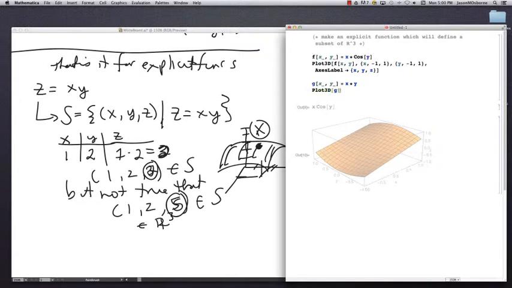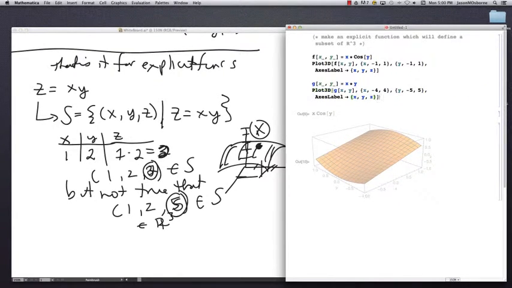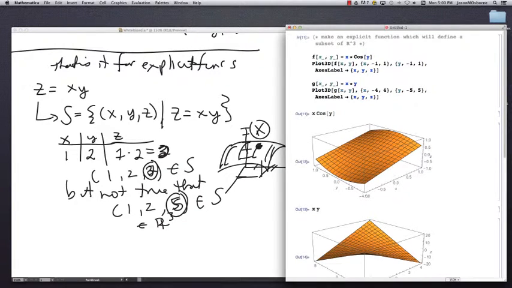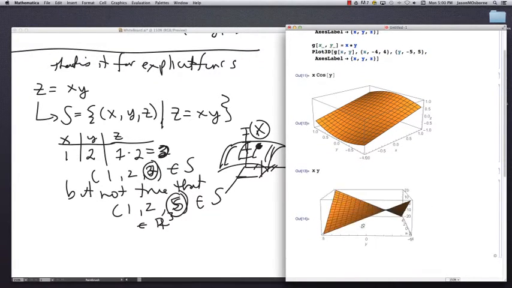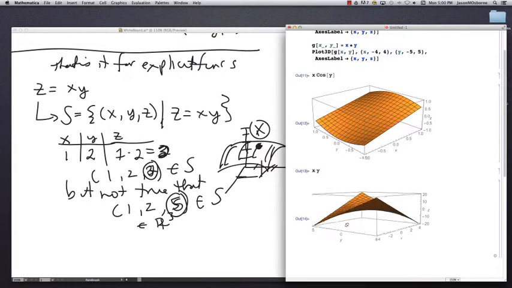You can plot this function g, let's say x from -4 to 4, and y from -5 to 5. And then let's put the labels on the axes so you can see which is the x and which is the y. X, y, z. Hit enter. And here is what your function x times y looks like.